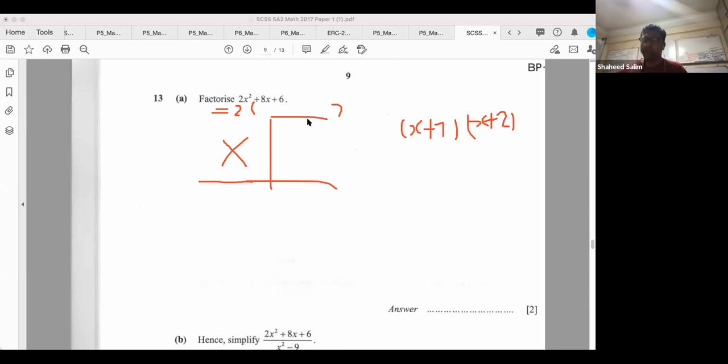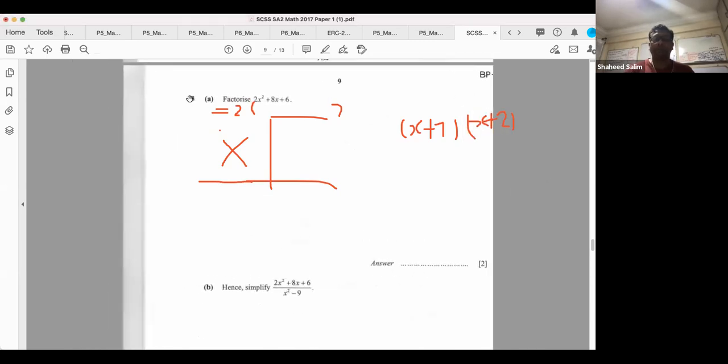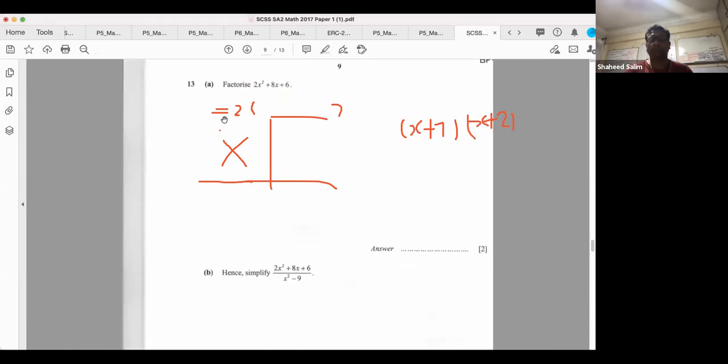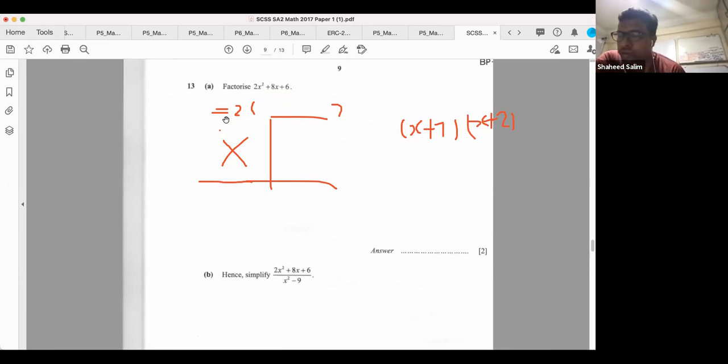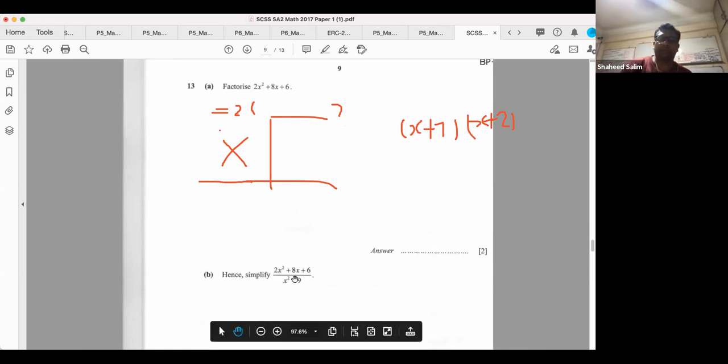Okay, she says that. Just a moment. Then you try to do the bottom one. Can you factorize the bottom one?